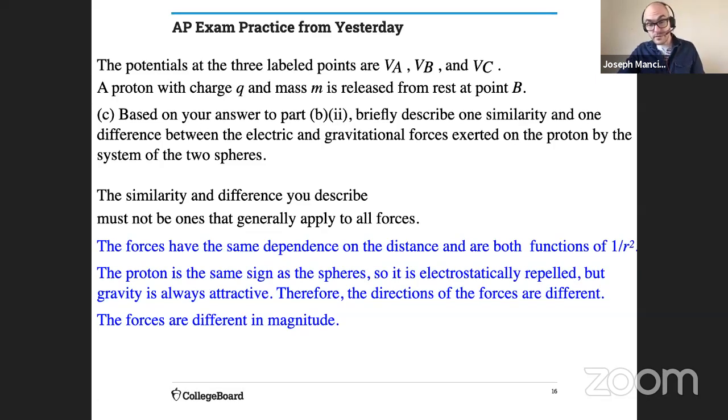You could also bring up the idea that they have different coefficients. Electrostatic attraction and repulsion has a coefficient of 9 times 10 to the 9, 9 billion, whereas the universal gravitation constant is much smaller, 6.67 times 10 to the negative 11. That's a factor of 10 to the 20 difference, give or take.